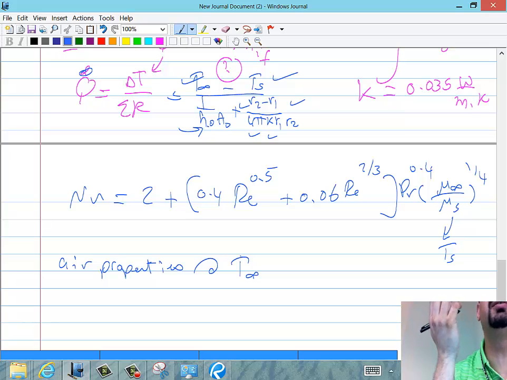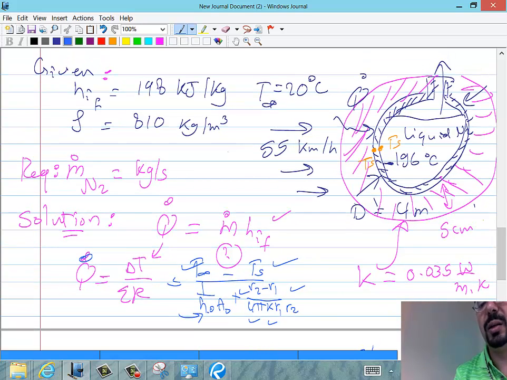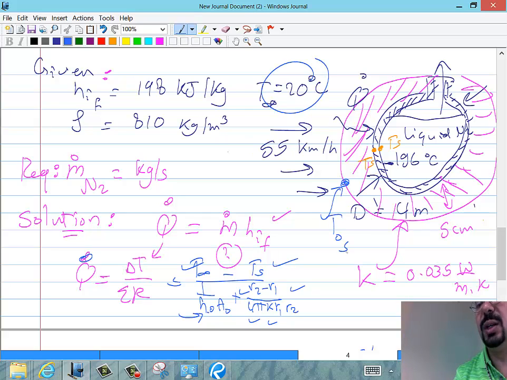Actually, as a matter of fact, I don't really know the Ts, right? Do I know the Ts? This would be the Ts for that convection problem. For that convection problem you are dealing with T infinity 20 and T outer surface that we don't really know. It's not the inside temperature at minus 196. So what we're going to do.